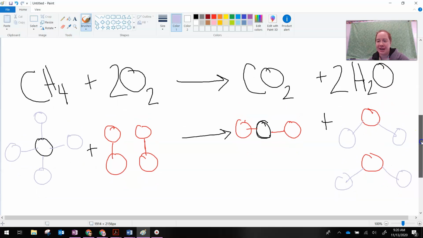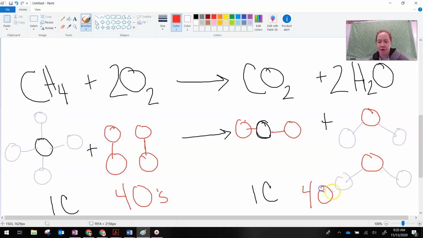So now I can look at it and I can count my atoms, okay? So I have 1 carbon on this side, I have 1 carbon on this side. Oxygens, 1, 2, 3, 4 oxygens over here, 4 O's. And I've got 1, 2, 3, 4 O's over here, 4 O's.